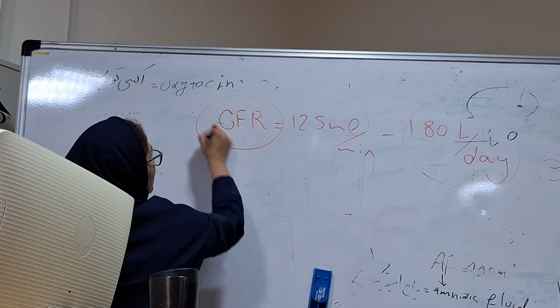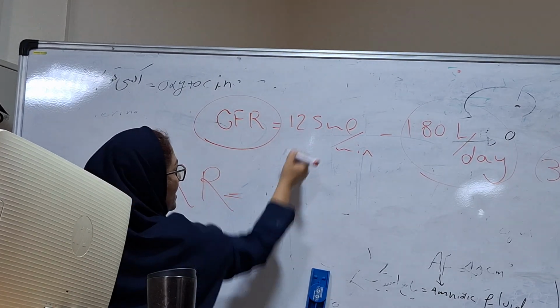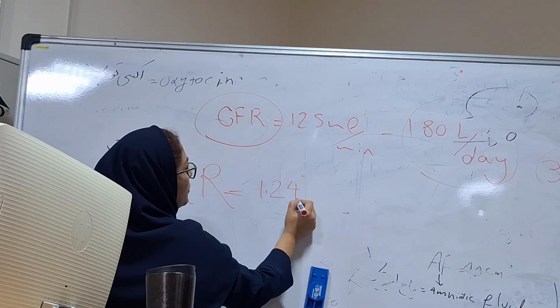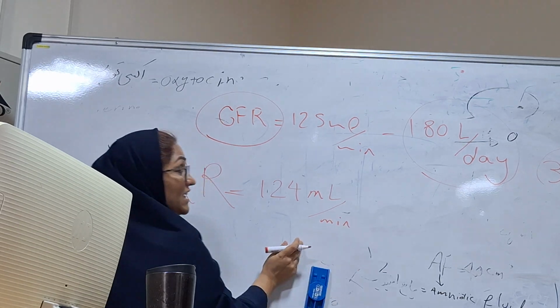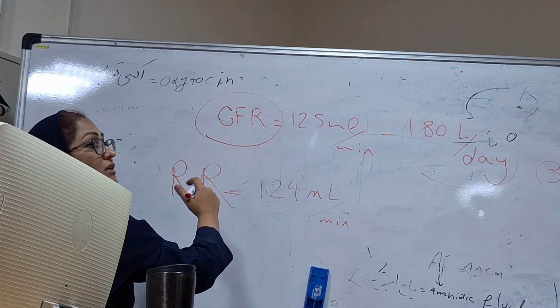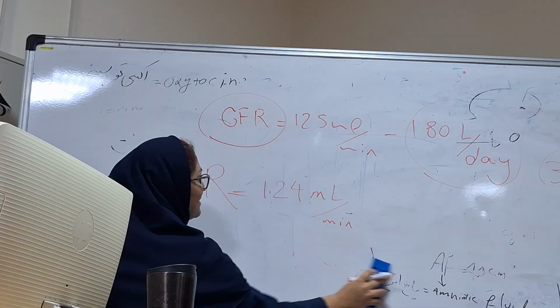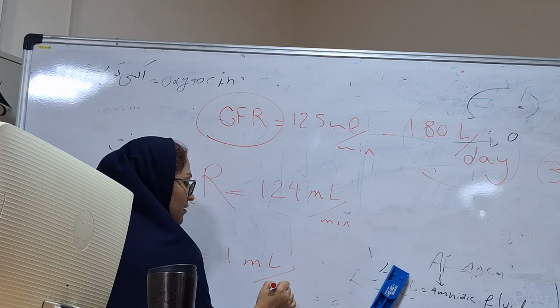From this amount, the reabsorption rate is 124 milliliter per minute. What does it mean? It means urine volume is 1 milliliter per minute.